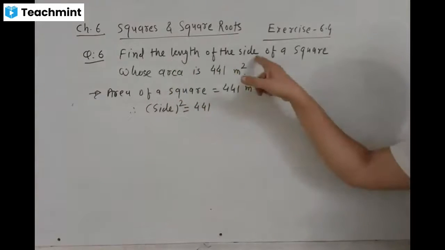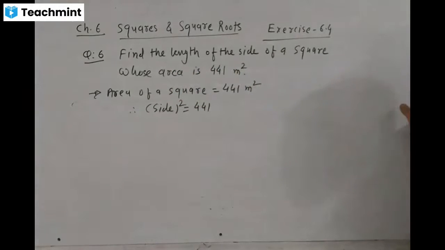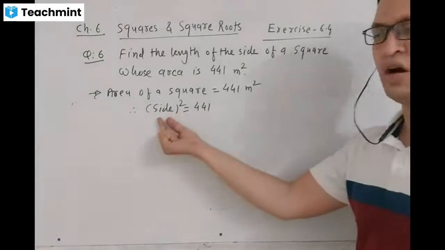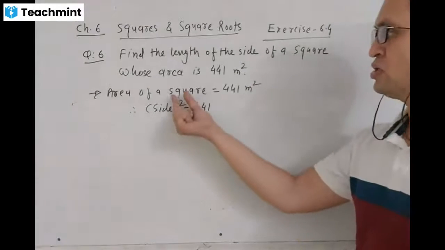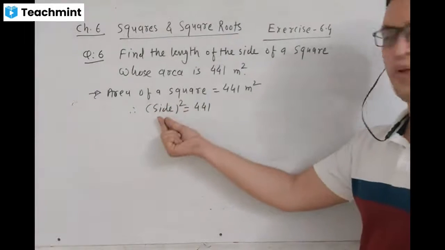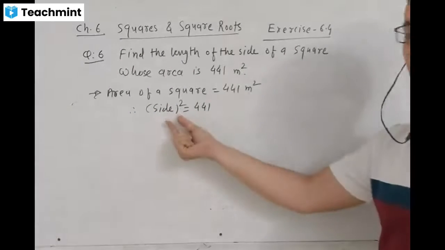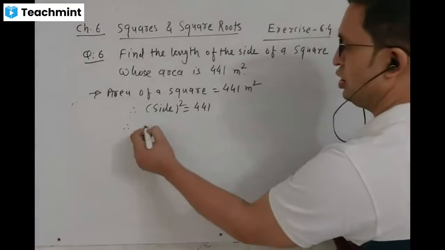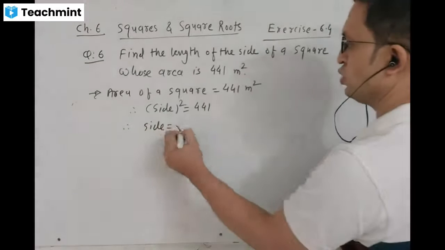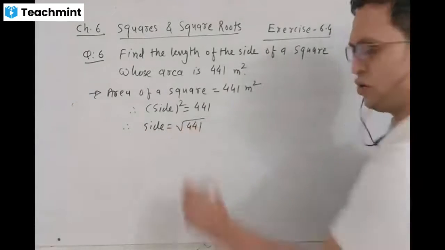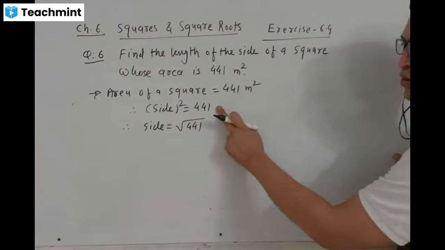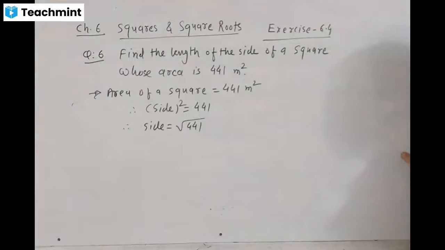The length of the side of a square. So we find the value of the side of the square. Therefore side is equal to the square root of 441.